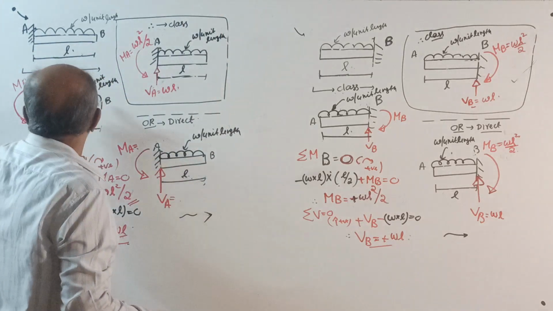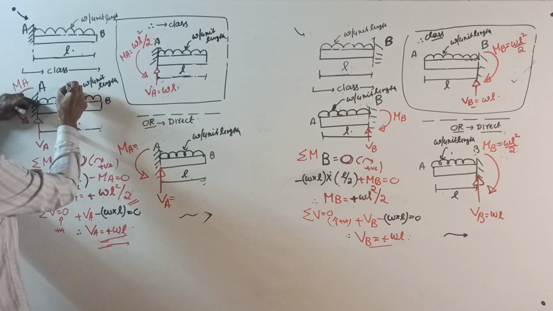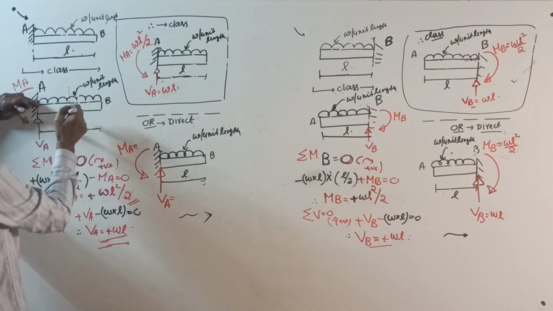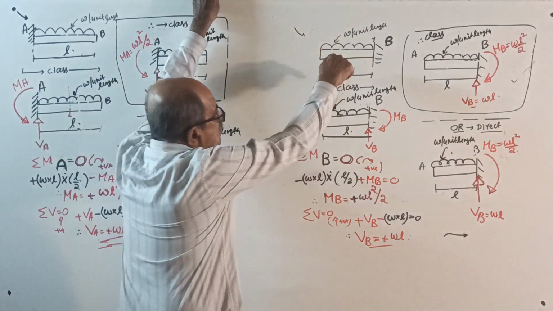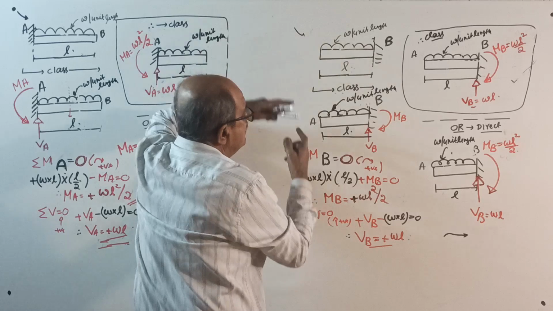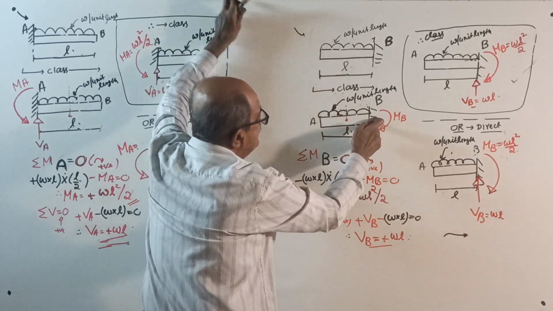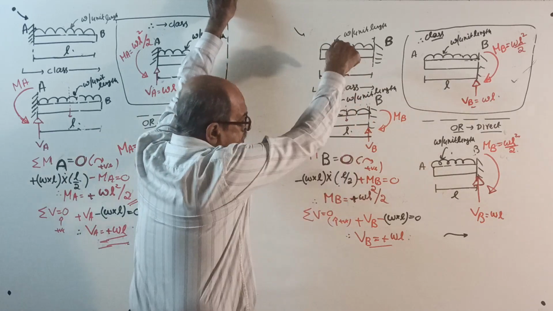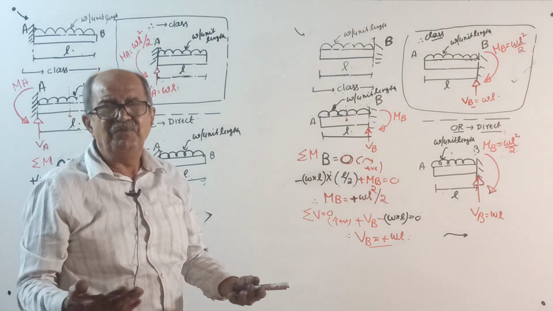If you want moment about here, it is W into L, the load, into center, L by 2. Here also, total load is W into L. And if you want moment about this point, W into L is the load into L by 2.